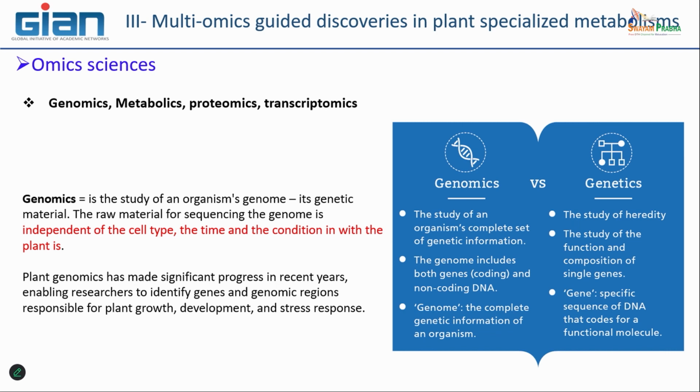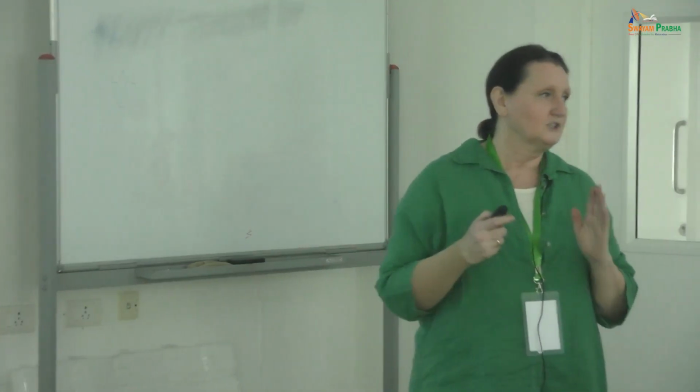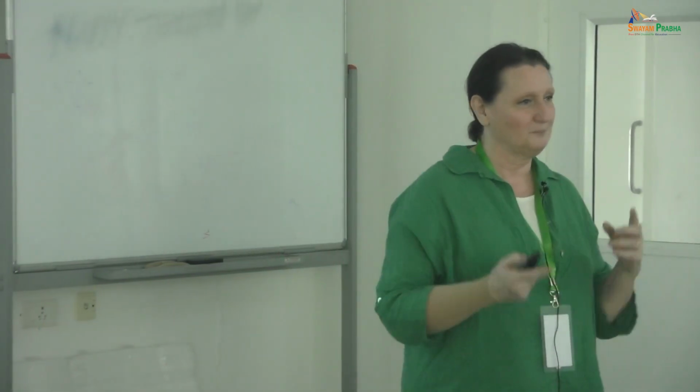Here, just a precision: genomics and genetics are not exactly the same. I saw that my own students sometimes have confusion on this, so this is why I have put this information.